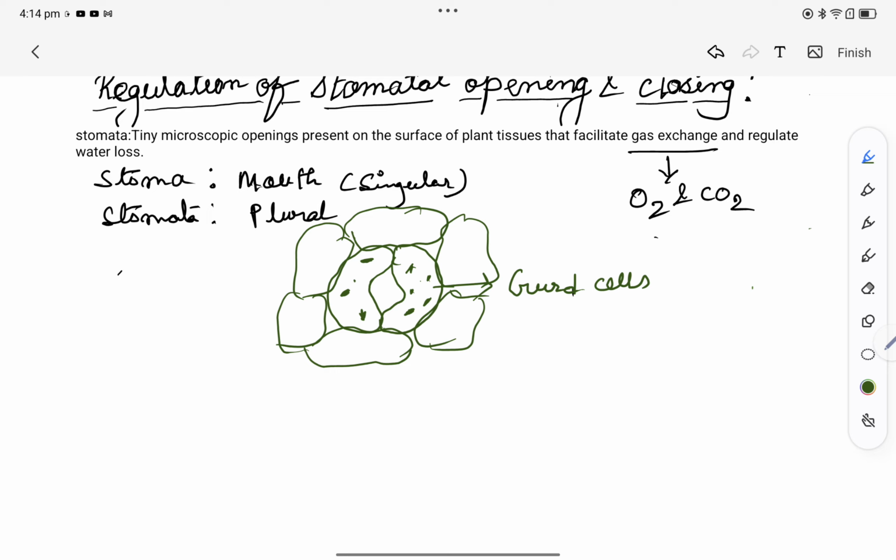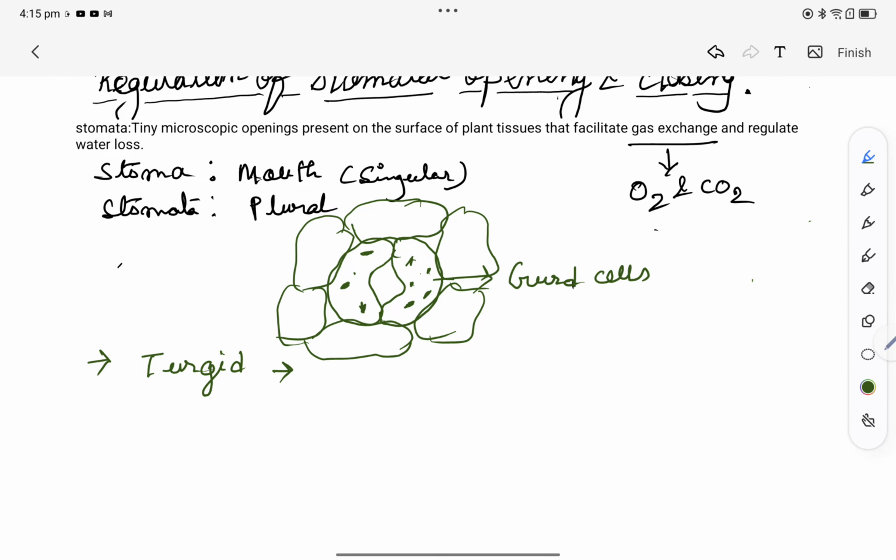They can perform photosynthesis. So whenever the guard cells become turgid or swollen, the stomatal pore opens.